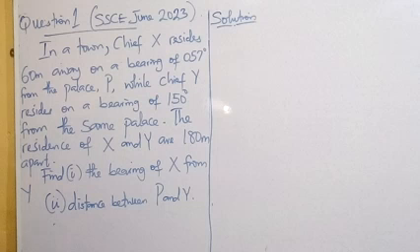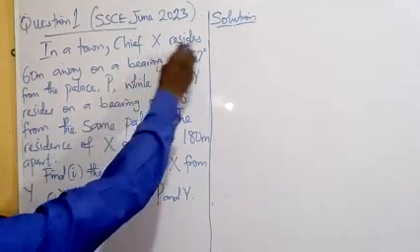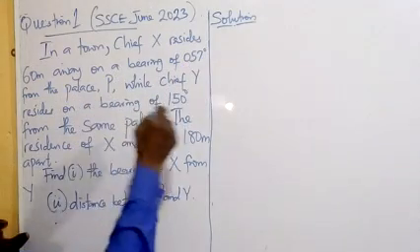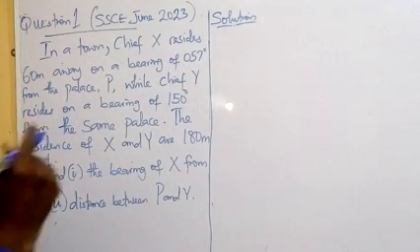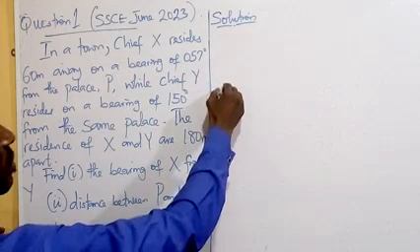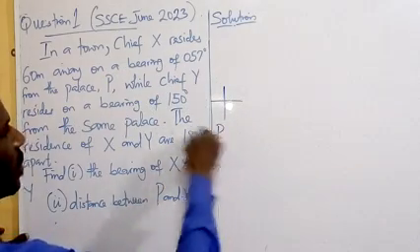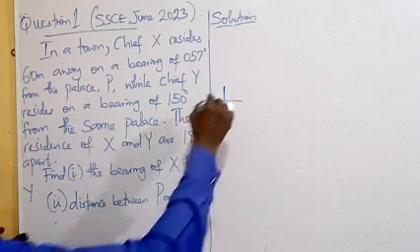Now, don't forget, the first thing we need to do is to interpret this information in form of what? In form of diagram. All right, let's do it together. Chief X resides on a bearing of 57 degrees from the palace P. We can say this is the palace P, on a bearing of 57 degrees.